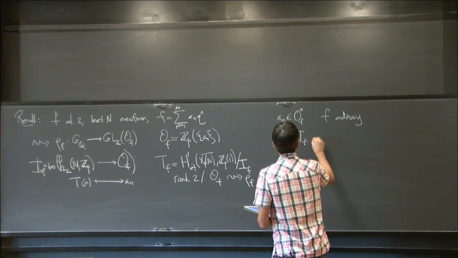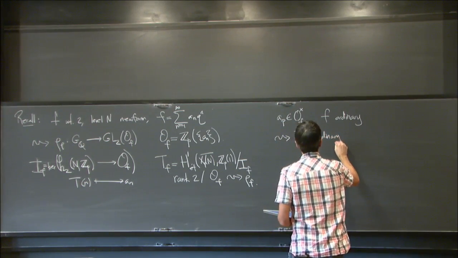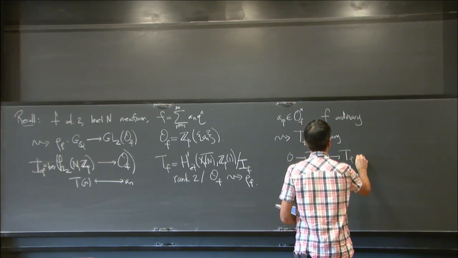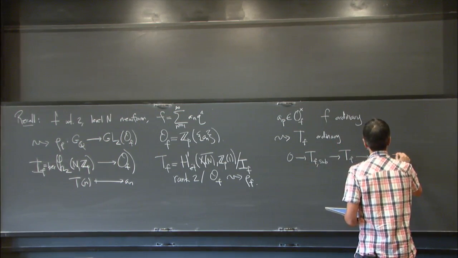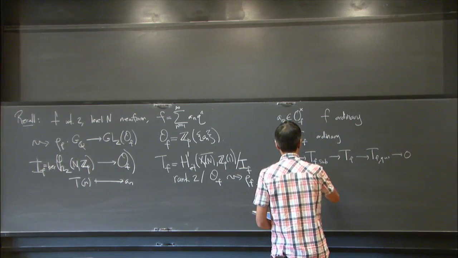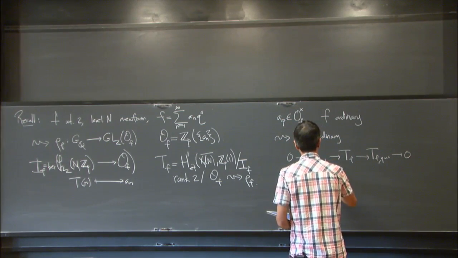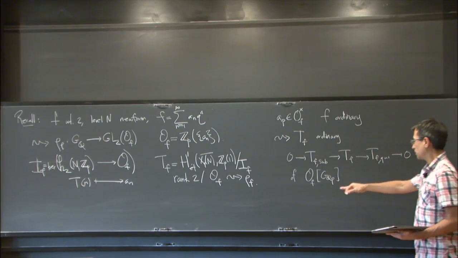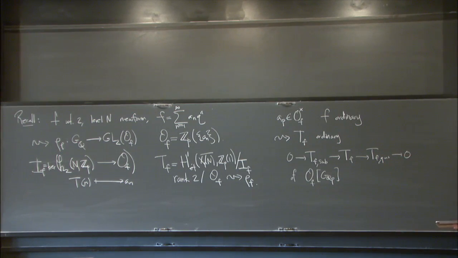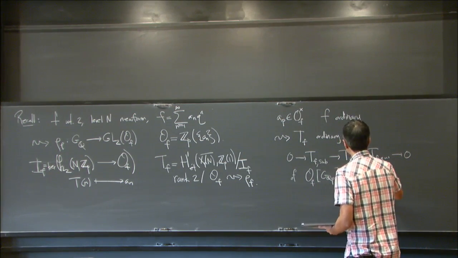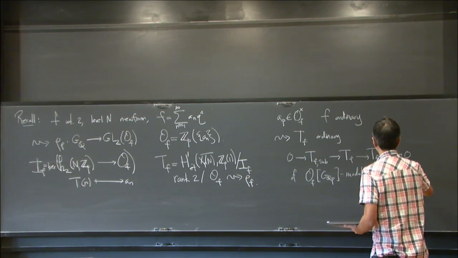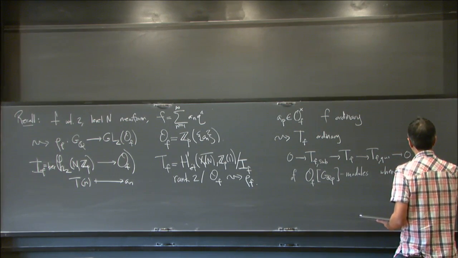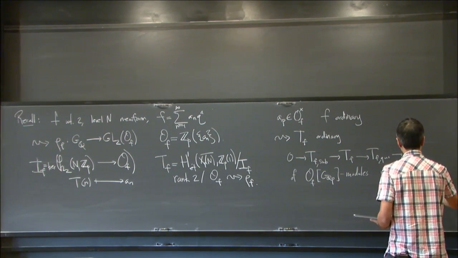So then T_F is ordinary, and this means that there's an exact sequence: 0 goes to some rank 1 submodule, goes to T_F, goes to some rank 1 quotient, of O_F G_{Q_p} modules for some fixed choice of embedding of Q bar into Q_p bar. So this is some decomposition group, and T_F sub and quotient are rank 1 over O_F.